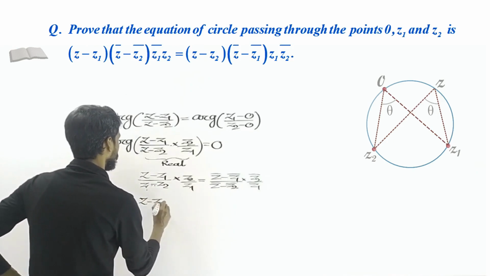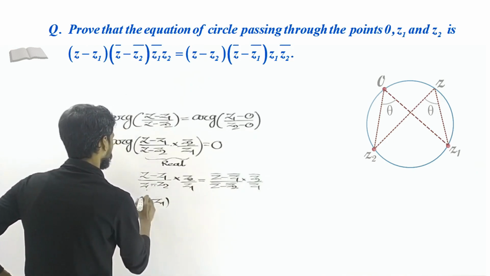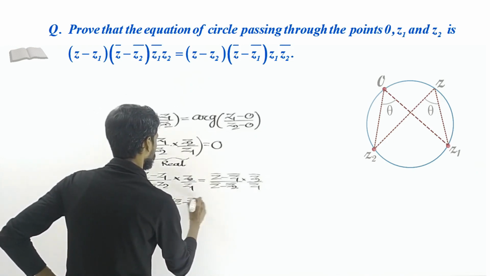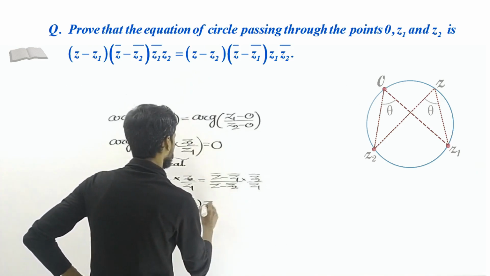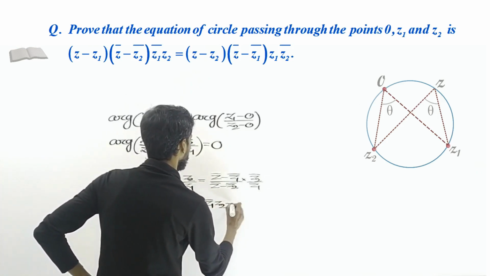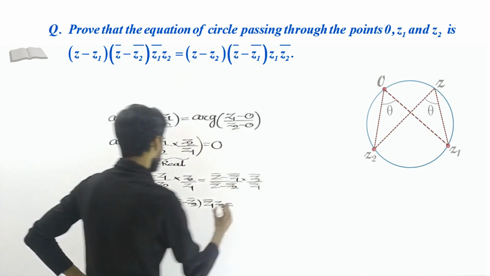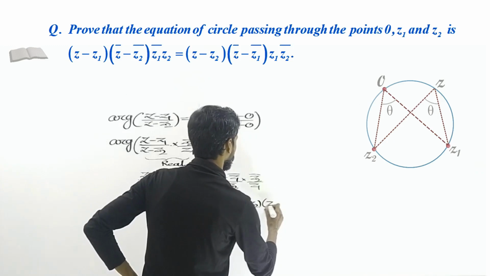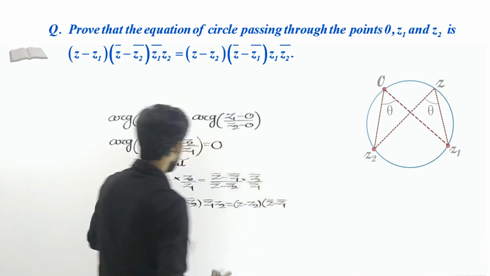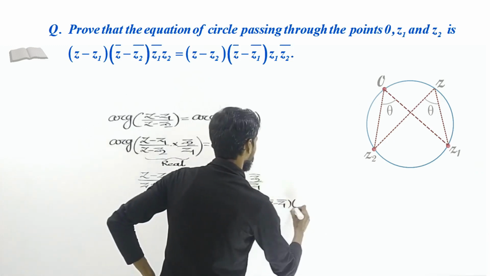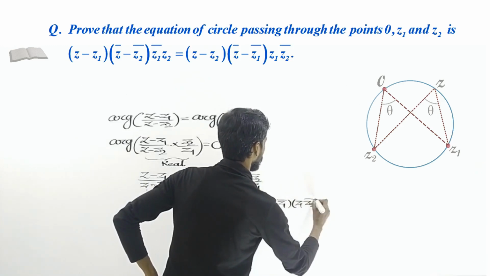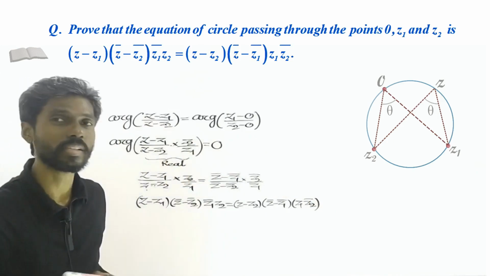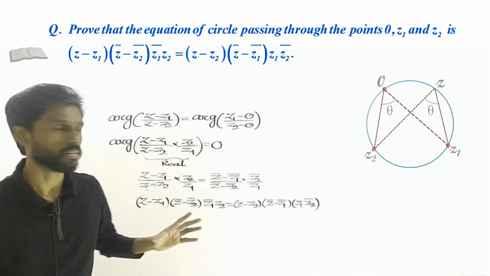Z minus Z1 multiplied by Z2, Z bar minus Z2 bar multiplied by Z2, Z1 bar, equals Z minus Z2 multiplied by Z bar minus Z1 bar, multiplied by Z1, Z2 bar. So this is the condition satisfied by our point Z lying on the circle. That is the equation of the circle. You understand?